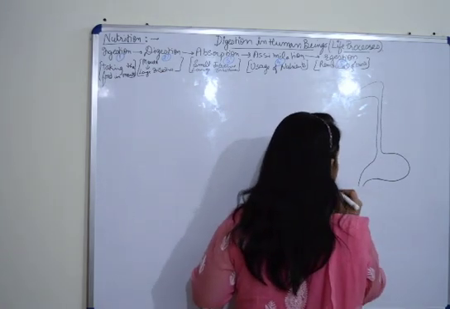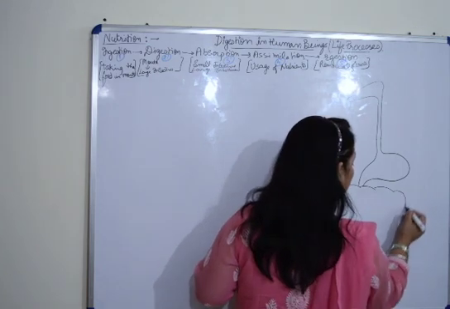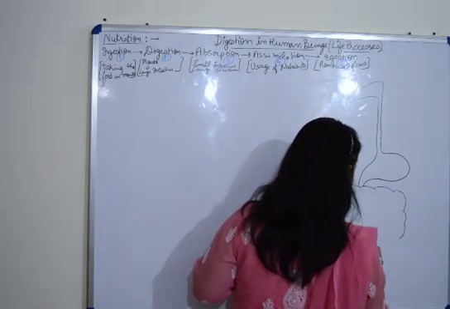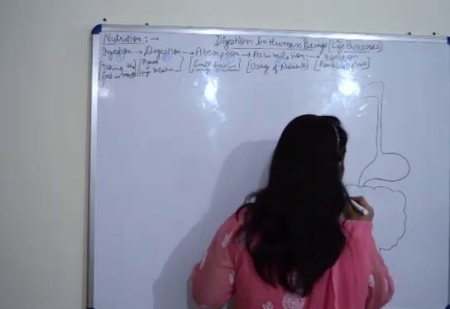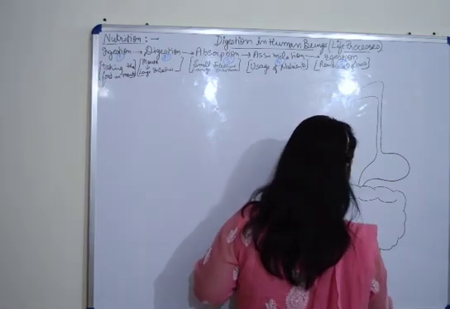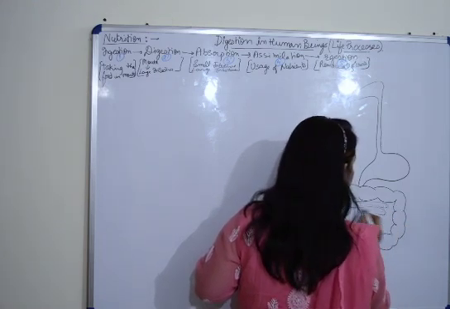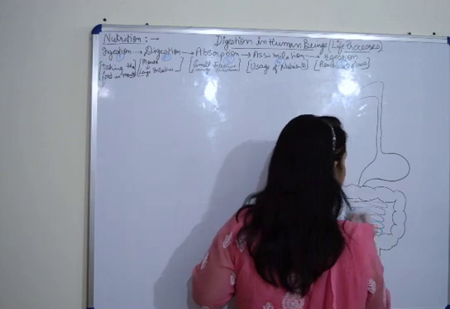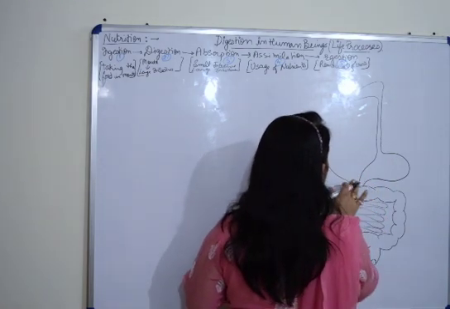Stomach then takes the food down into the small intestine, from where the waste goes into the large intestine. अभी जो मैं बना रही हूँ, that is large intestine, and we have the small intestine here in between. Fine. और यहाँ पे हमारे पास we have the liver.